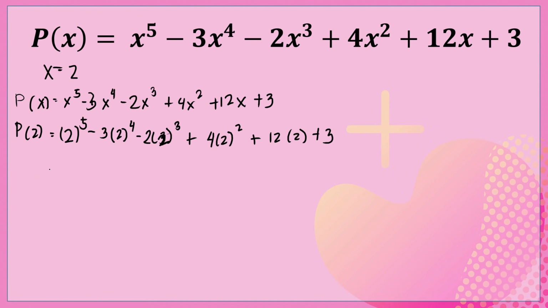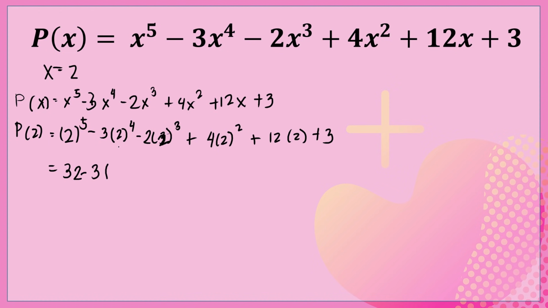So, uunahin natin grade 10 is yung lahat ng may exponent muna. 2 raised to 5, that is 2 times 2 times 2 times 2 times 2. And that is equal to positive 32 minus 3.